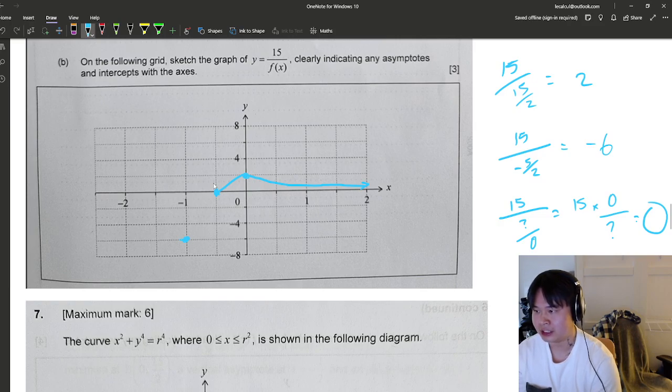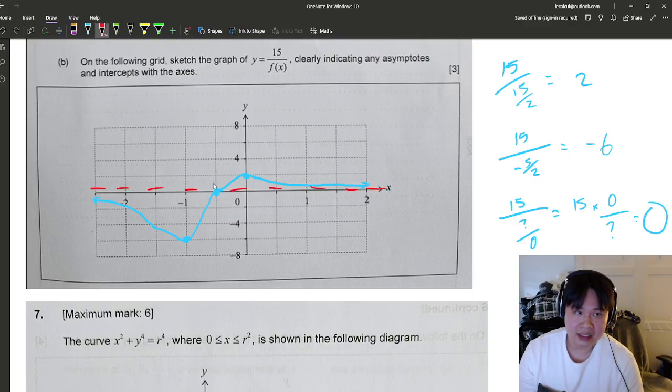So in the same logic, you're dividing 15 by a larger and larger negative number, so it goes towards 0, like that. That also means that we do have a horizontal asymptote right here. And then that should be it.